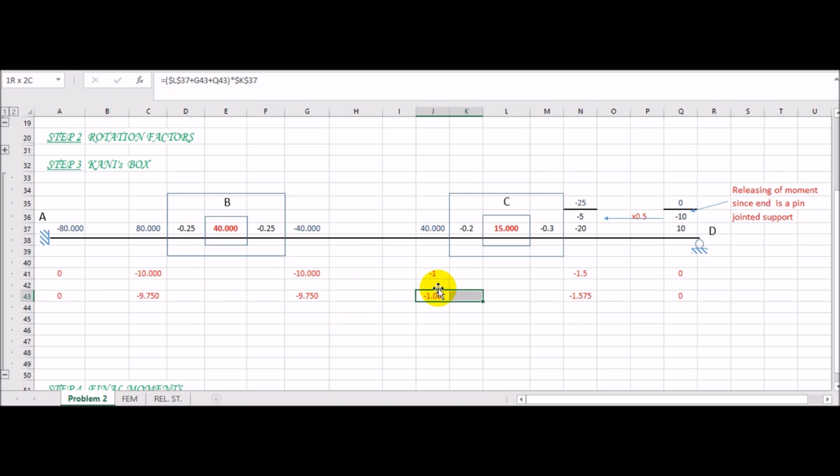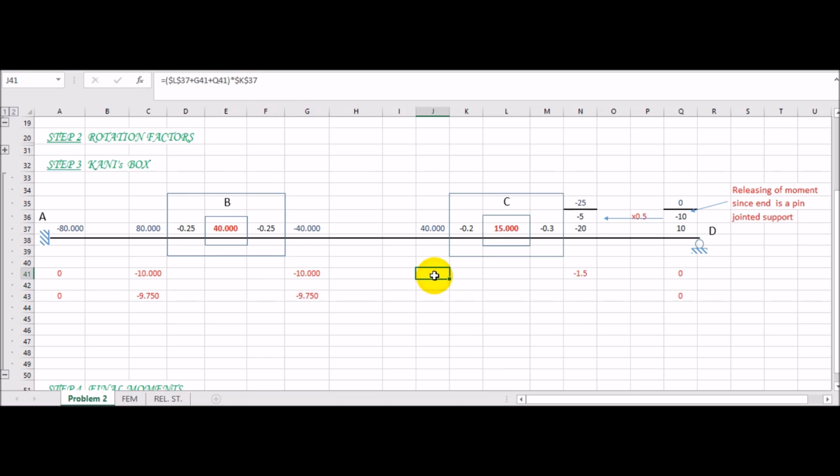Actually I'll just delete this so that it won't cause any confusion. Now summation moment plus latest iteration value of left support plus latest iteration value of right support into the rotation factor. So I get the iteration value of BC.